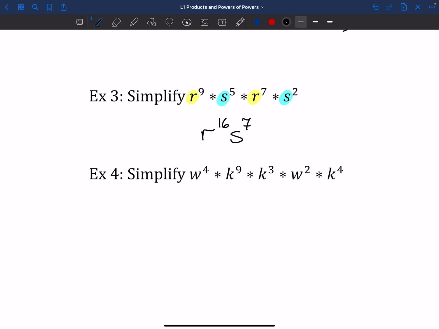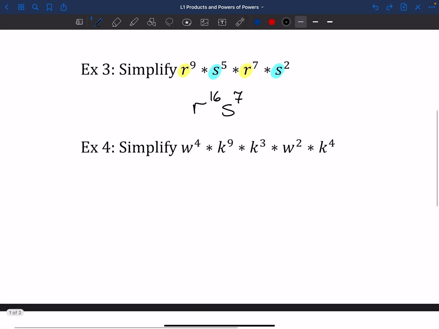This problem actually could have just been written from the start as r to the 9th, s to the 5th, r to the 7th, s to the 2nd. It's just a little iffy to look at as we're learning this, but that's okay. If you have variables that are directly next to each other like that, it's assumed that there's some multiplication in between. We just don't write it.